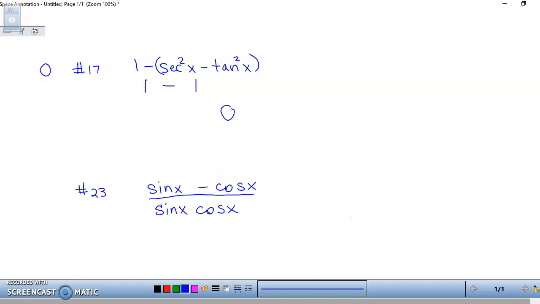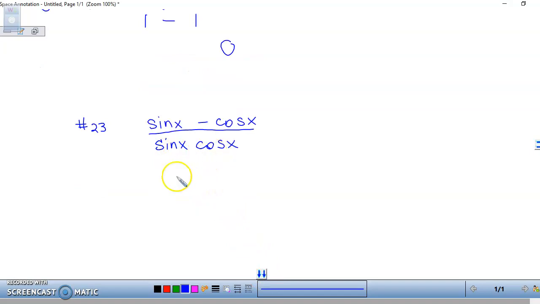Last one, number 23. We have sine x minus cosine x divided by sine x cosine x. Now in this one, you'll notice everything is already in sines and cosines. So what I'm going to do with it is separate it into two pieces. So this is going to become sine x over sine x cosine x.